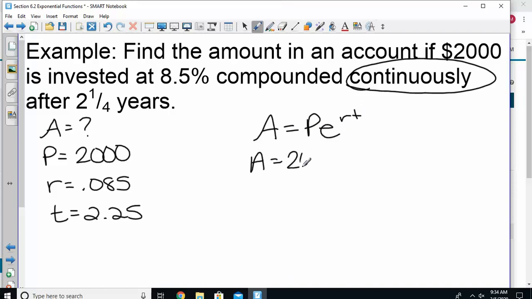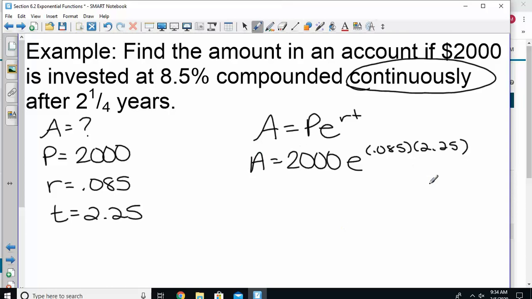So A is 2,000 E to the 0.085 times 2.25 power. Will our answer be more or less than 2,000?